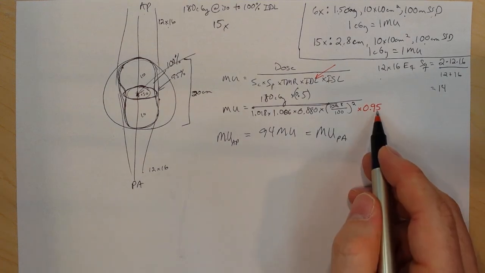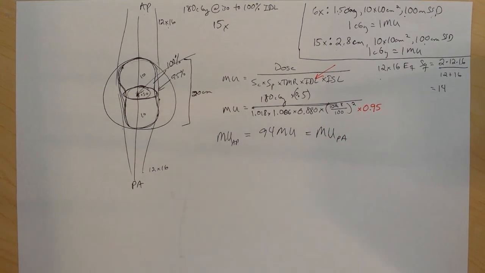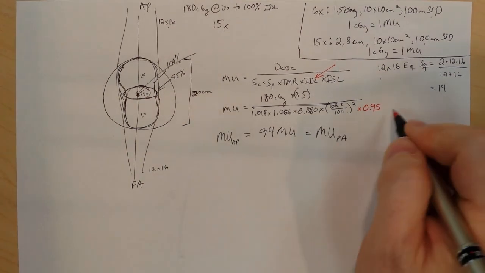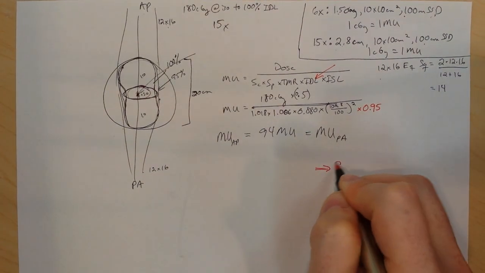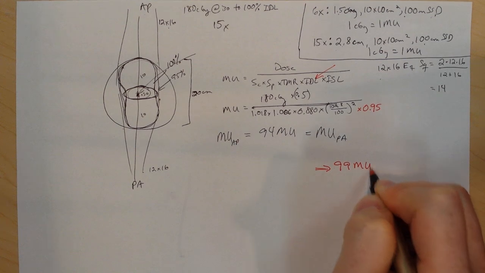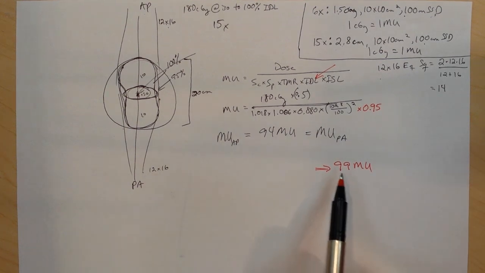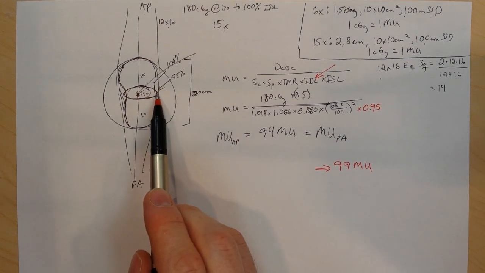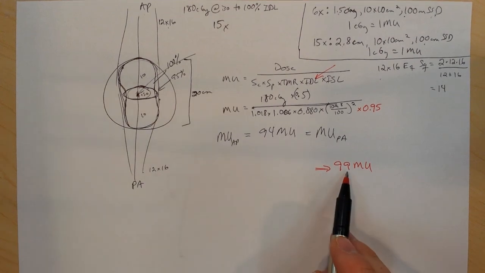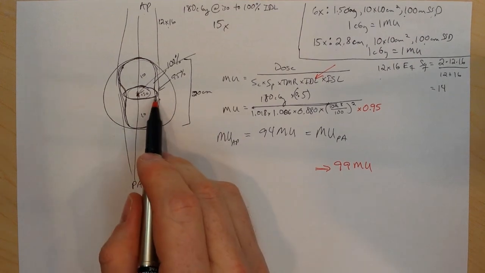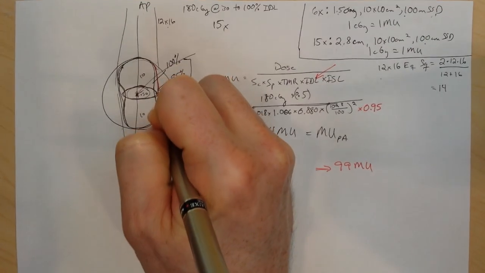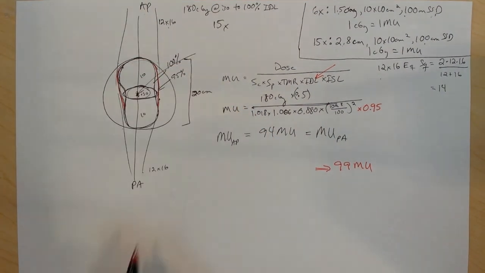Smaller number in the denominator makes the monitor units go up. So I take 94 divided by 0.95. My new monitor units are then 99 MU. So I normalized to a lower isodose line. I've now pumped 5 more MU in from each beam to make my 100%, my 180 centigray line, come out to cover the edge of the tumor.